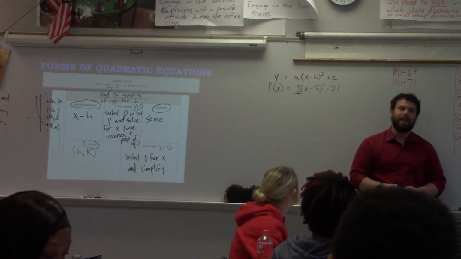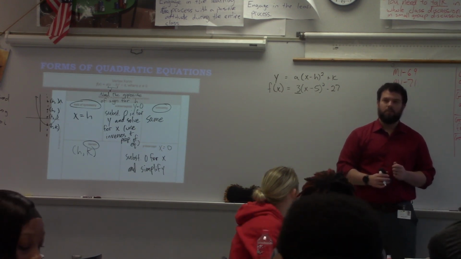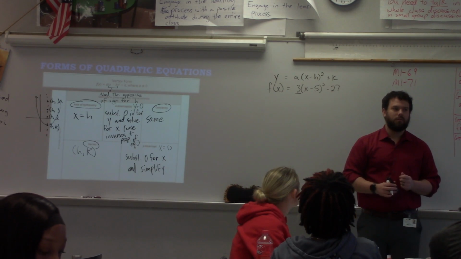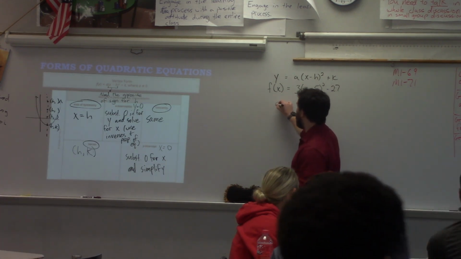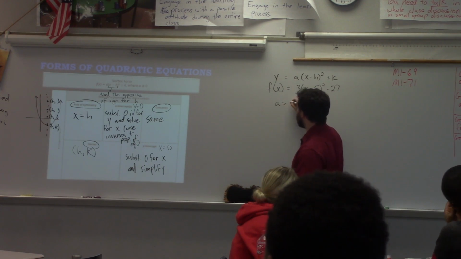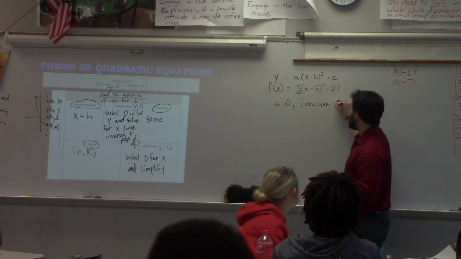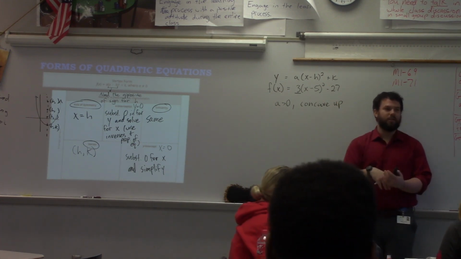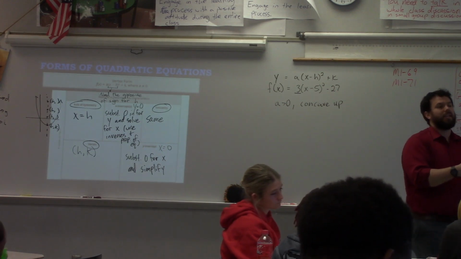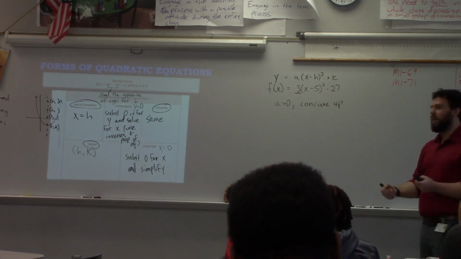Now, I gotta tell you though, 3 is not my concavity. What's the concavity? Okay, A is positive. So the concavity is up. Right? A is 3, A is greater than 0, but the 3 is not my concavity. It just tells me what the concavity is. A is greater than 0, so it's concave up.